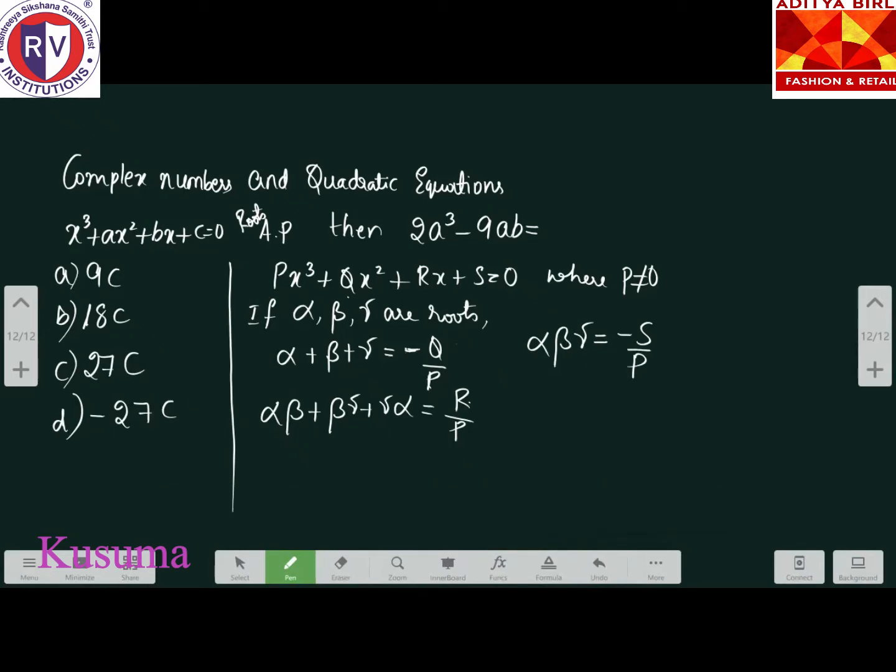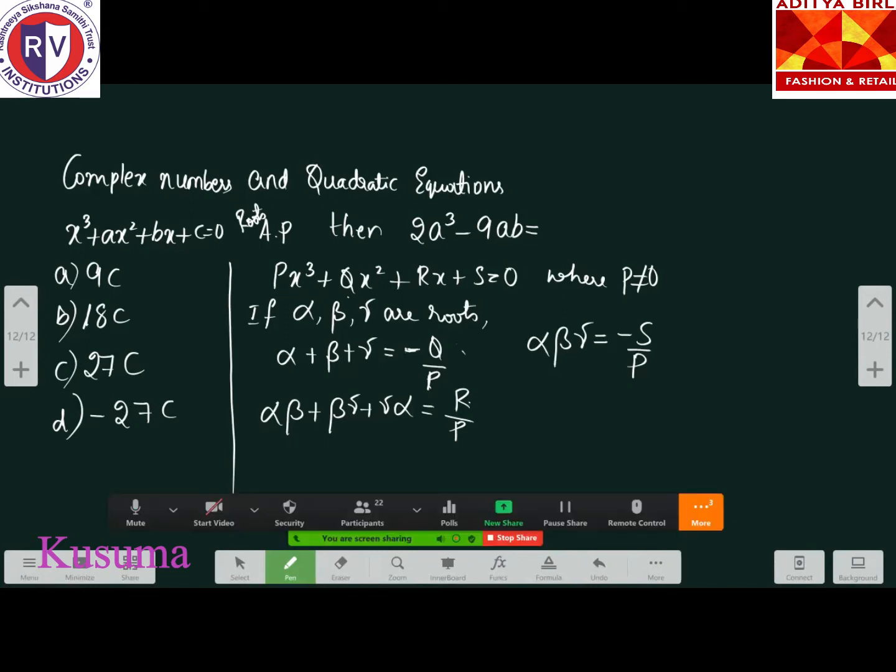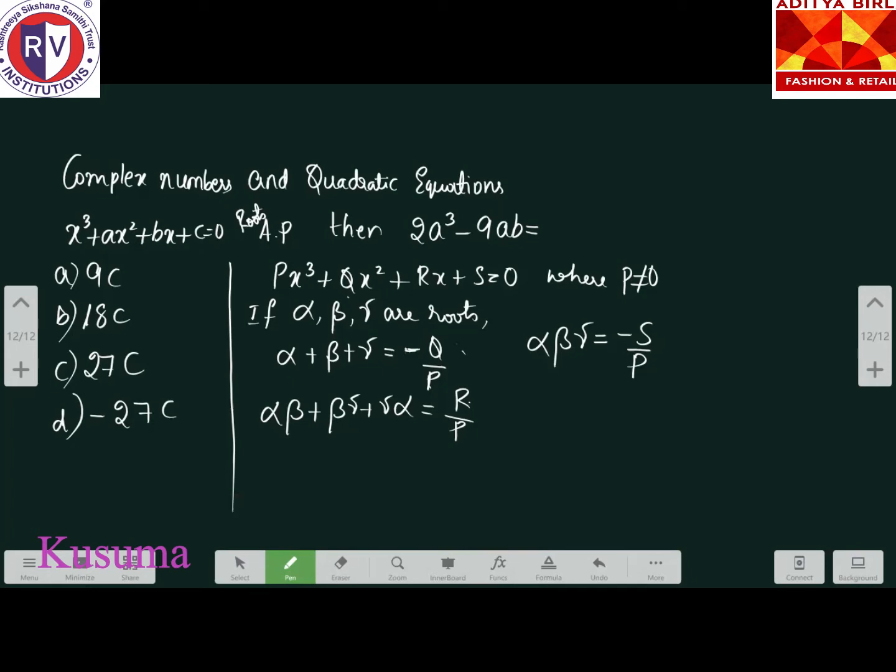So let us make use of these conditions here to find out the roots. The roots are not given, but the condition is given that the roots are in arithmetic progression.